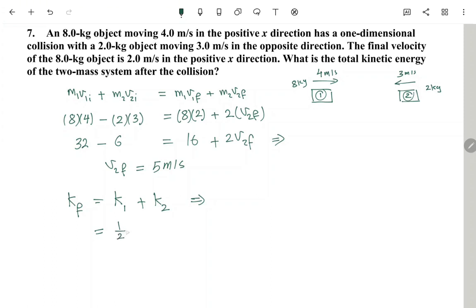So half times 8, and the final velocity for the 8 kilogram object is 2 squared, plus half times 2 times 5 squared, we just calculated this one here, 25. You simplify this one here, the total kinetic energy of the two masses after the collision is equal to 16 plus 25, or 41 joules.